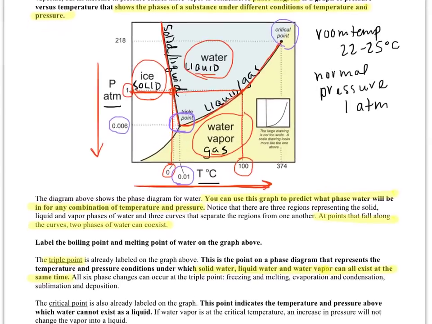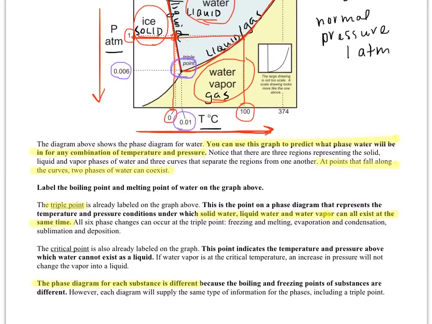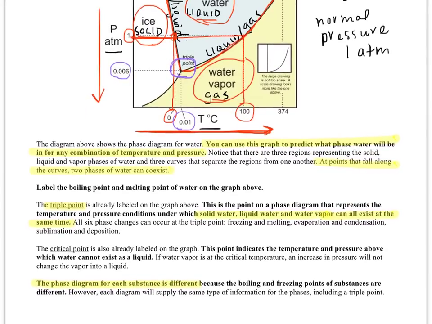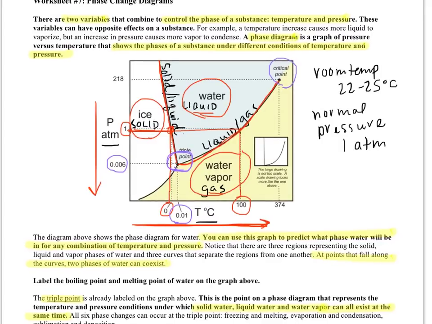I'm not going to test you on this, but you see it on a lot of these graphs. Okay, so here's the critical point. This is where the temperature and pressure above that, water doesn't exist as a liquid. You've just got way too high of a temperature, and so you're just always going to have a gas, and so that liquid gas line sort of isn't relevant anymore, right?